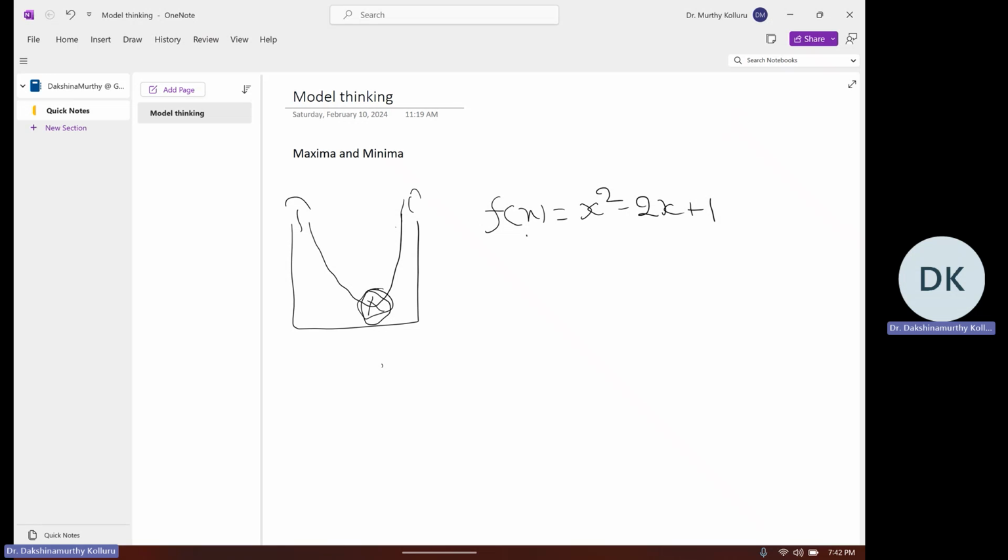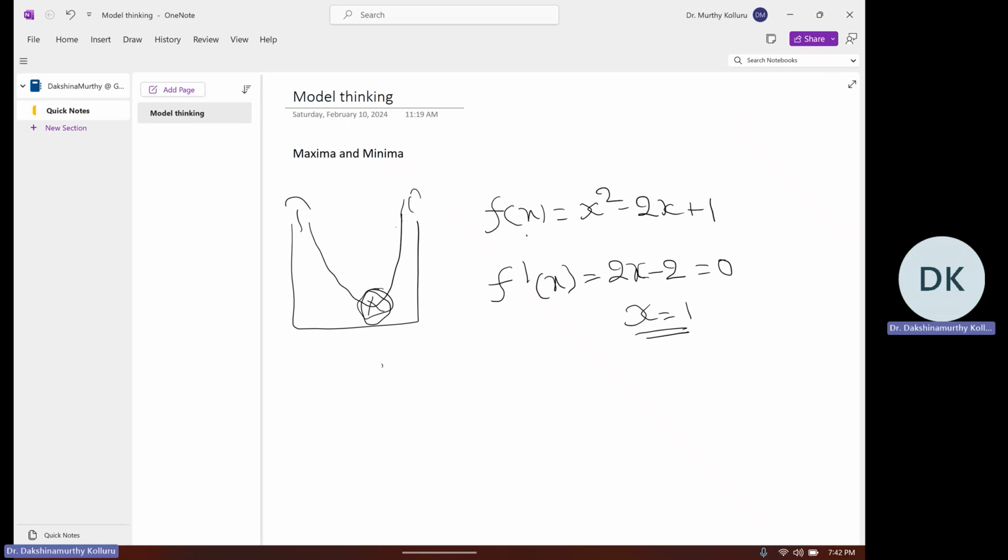How do we do that? First, we will do the differentiation, and this is 2x minus 2. To find exactly where the minima happens, we have to make this equal to 0. So x is equal to 1.